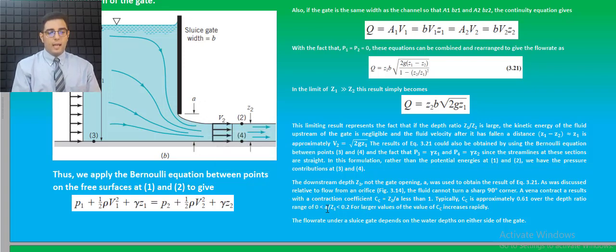If the value of A to Z1 is between 0 and 0.2, it has approximately the value of 0.61. That is the best situation, but going larger than 0.2, this proportion is going to increase rapidly.